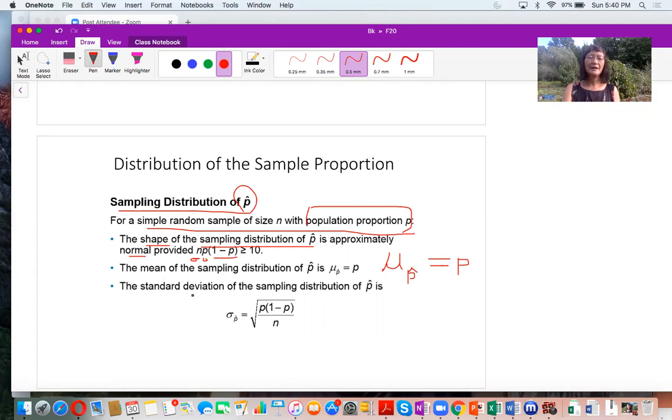The standard deviation of the sampling distribution of p hat, we use sigma, then subscript p hat, which is simple here. It is equal to the square root of p times 1 minus p over n. Remember, p is the population proportion.